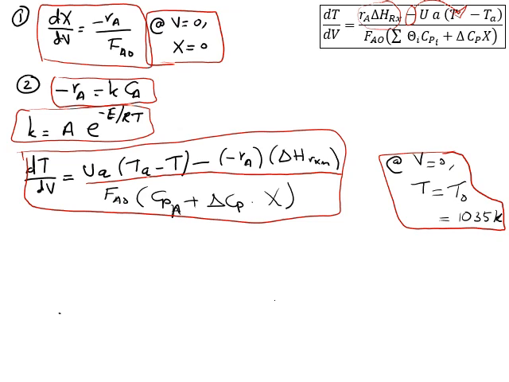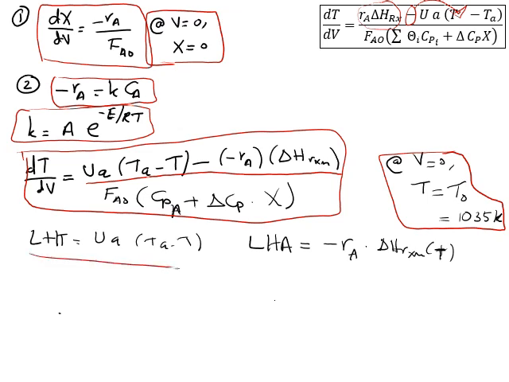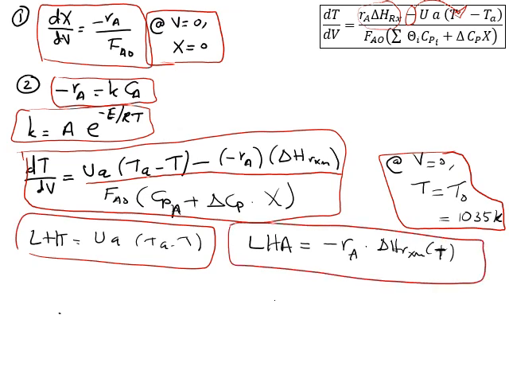Let me do one more thing here. I would like to define the localized heat transfer as U times A times Ta minus T, and define the localized heat absorbed by the reaction as minus Ra times delta H reaction as a function of temperature. And let me also frame that. Just a quick insight.